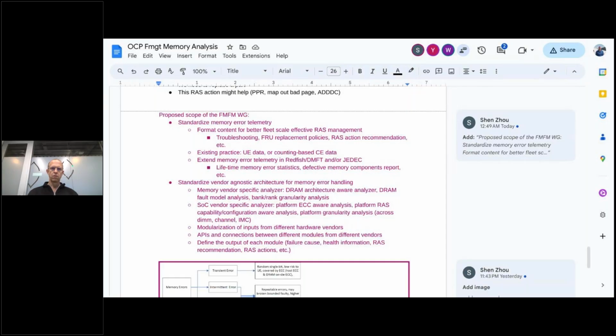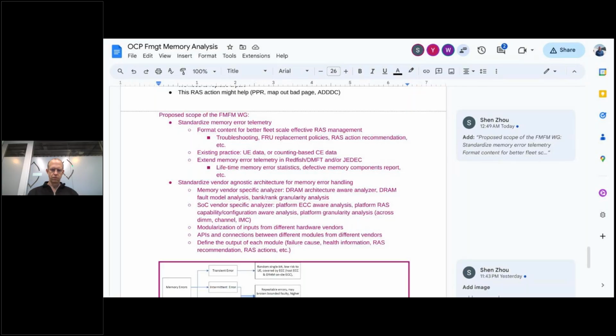It could be some lifetime memory error statistic or detected memory component reporting from the memory error perspective. The idea is how we can extend Redfish, and we can discuss the proposal in the next meeting, where people can dive more into this topic.